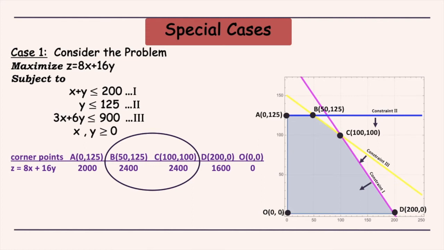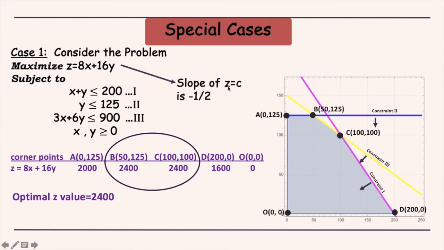So what can we say about this problem? Here for sure we know that the optimal z value is 2400. Now regarding this problem, we have another different feature, that is the slope of the objective function, if we equate it to some constant c, is minus half.